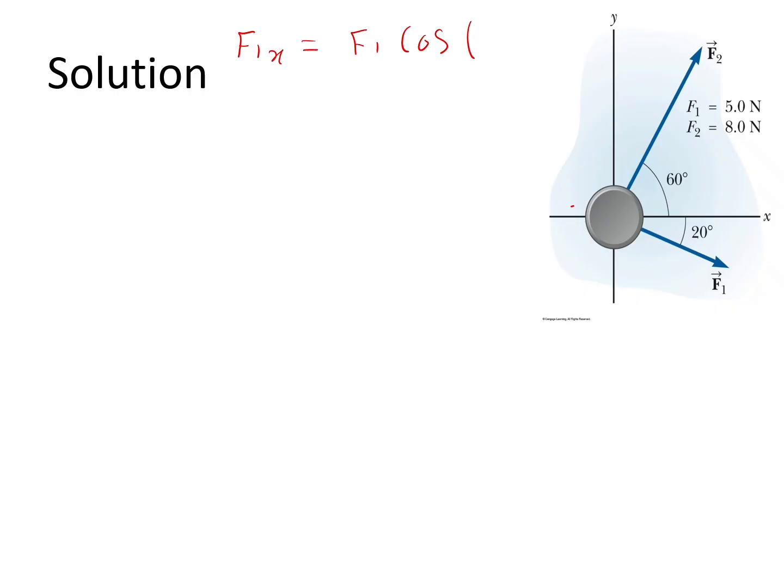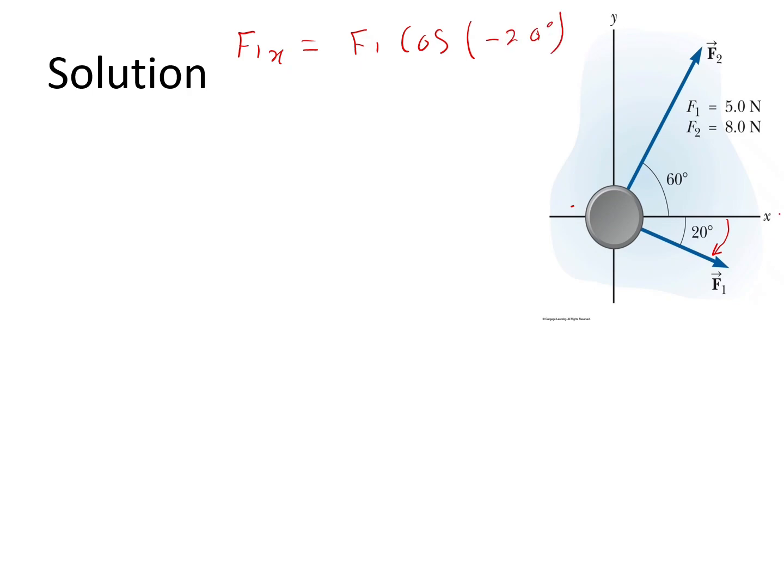Here the angle from the positive x-axis is 20 degrees, and it is measured in the clockwise direction. If you have an angle measured in the clockwise direction, that will be a negative angle. So this is negative 20 degrees.